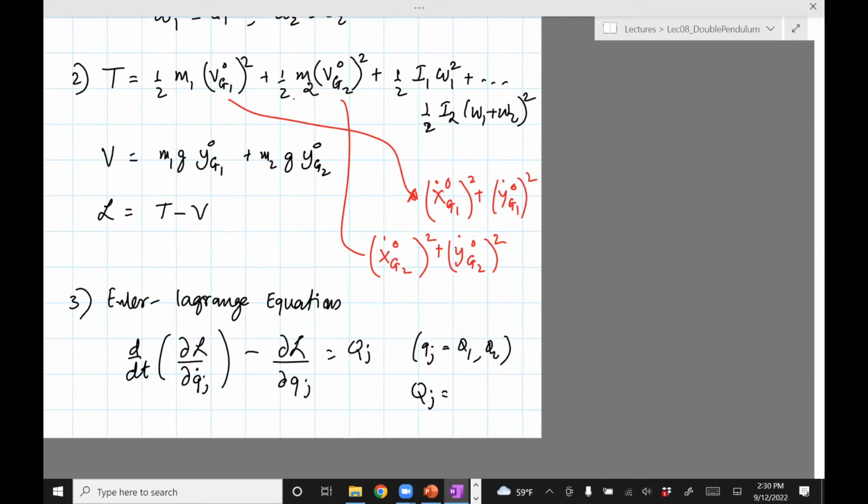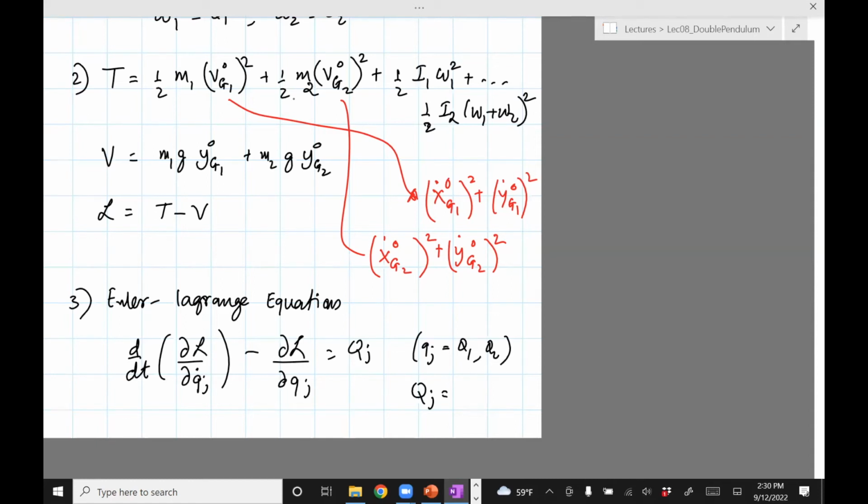So if there's a spring that's associated with the potential, that will figure in the V term. But if it is a drag force or a torque, then Qj will be the torque or the drag force and so on.